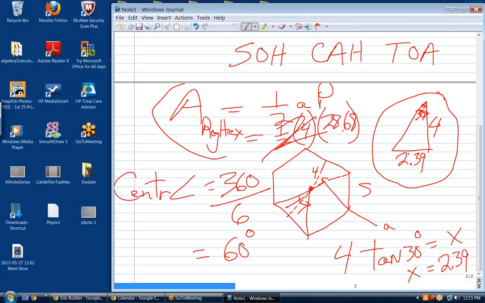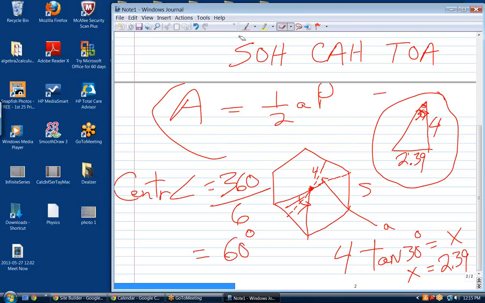Michael, the biggest problem I see is you try to take so many shortcuts that you always miss something. So my recommendation is that you don't take shortcuts. If you start out with the area equals 1/2 A times P, let's do it one step at a time. P is the number of sides times the side length. So the number of sides is 6, so we need the side length. Everything needs to be focused on finding the side length.